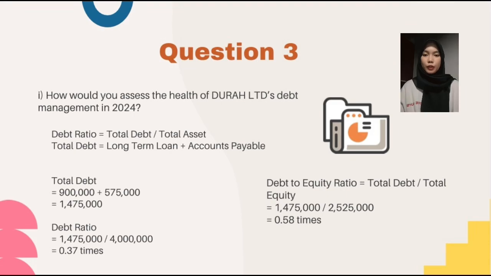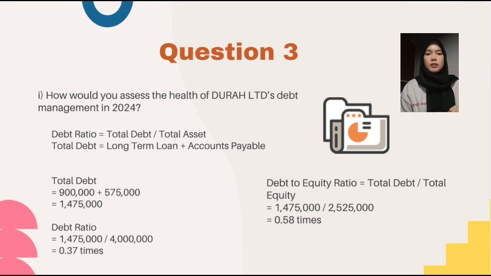Next, I will move on to question number 3, which is the health of Dura Ltd's debt management in 2024. The formula of debt ratio is total debt divided by total assets. But first, we have to find the total debt, which is long-term loan plus accounts payable. For long-term loan, we have 900,000 US dollars plus 575,000.